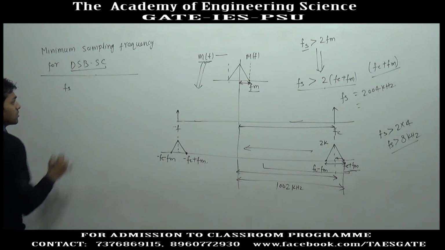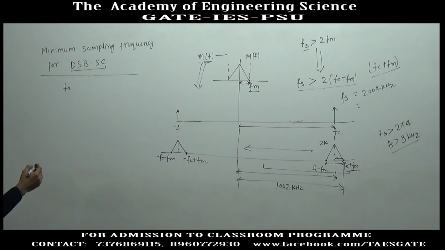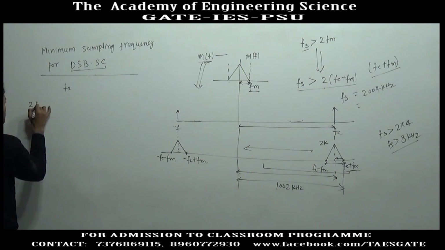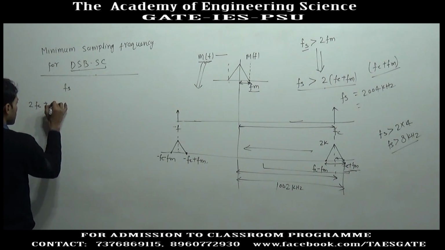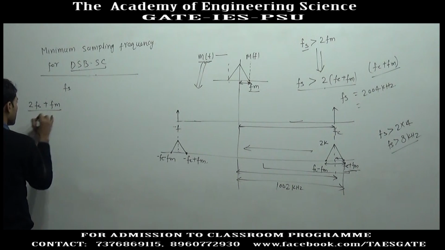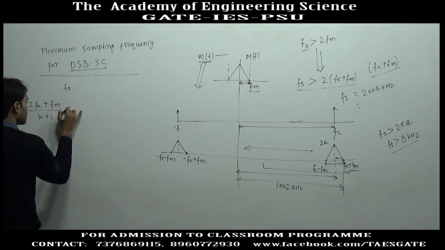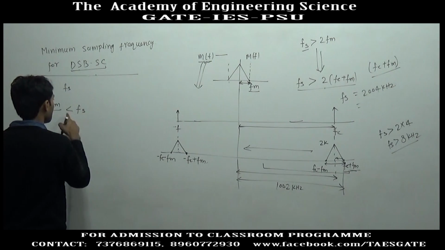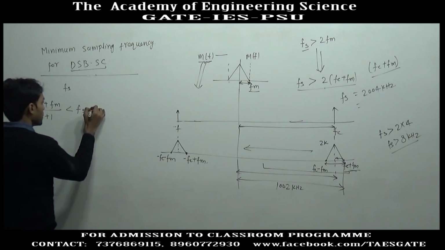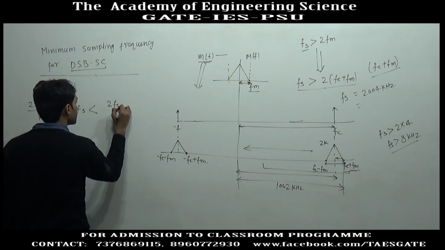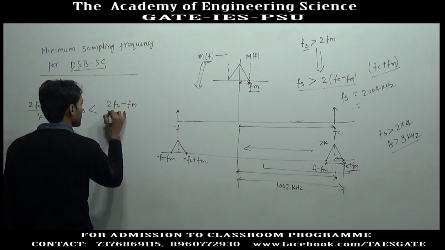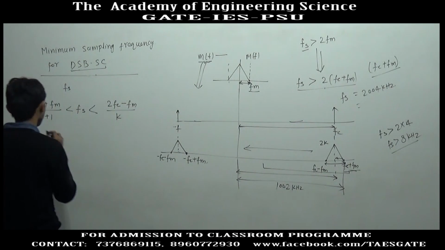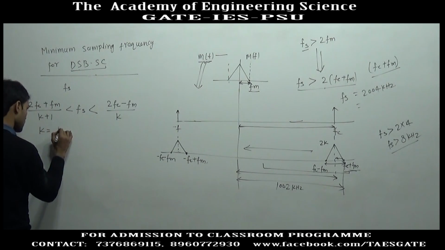the formula for the sampling frequency of a band pass signal: Fs must be greater than 2(Fc plus Fm) divided by k plus 1, and must be less than 2(Fc minus Fm) divided by k, where k is an integer.